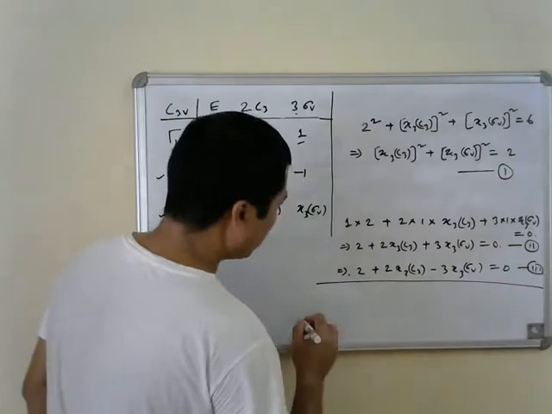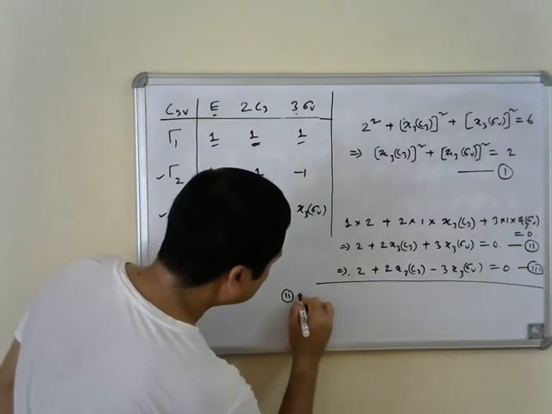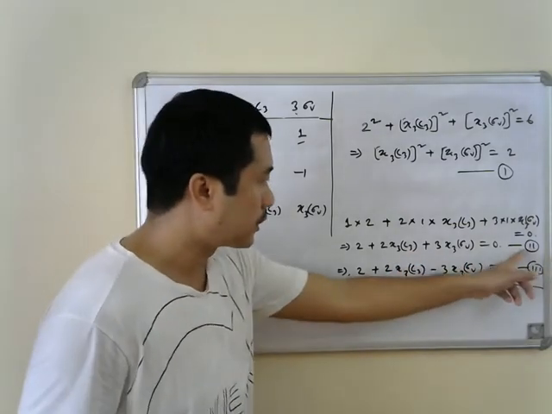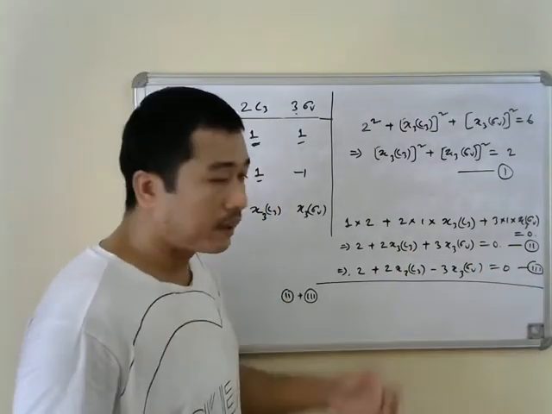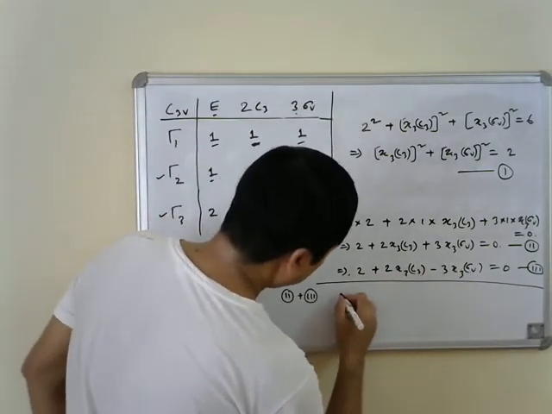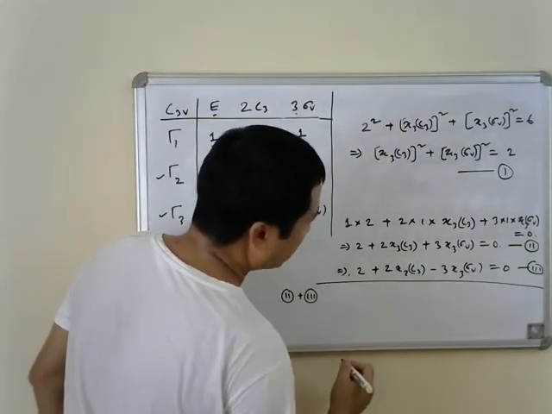Now let us add expression 2 and expression 3 to solve for the unknowns, chi3 c3 and chi3 sigma v.